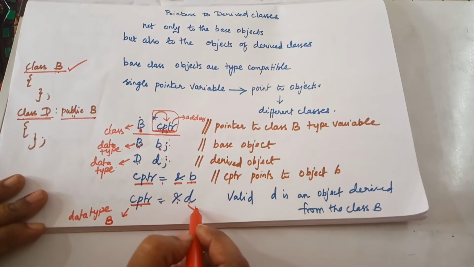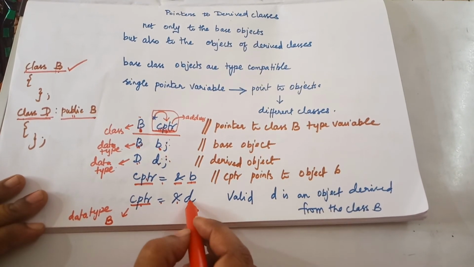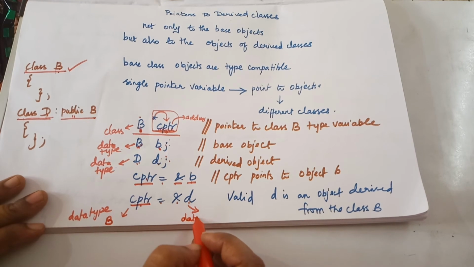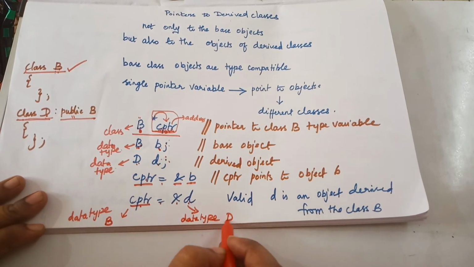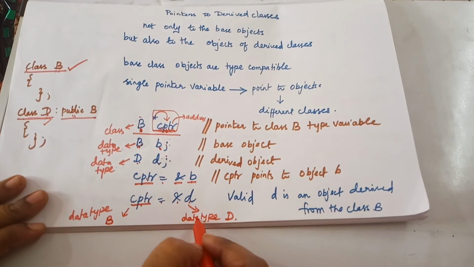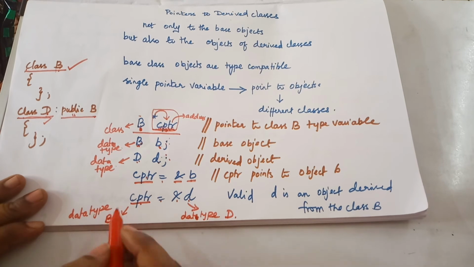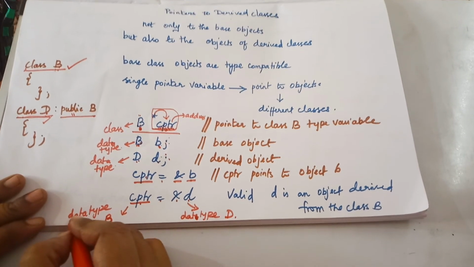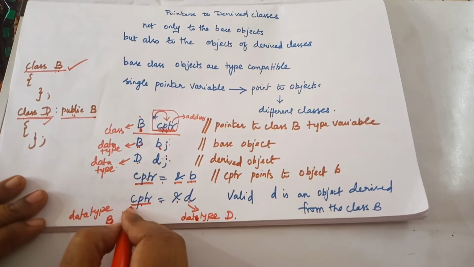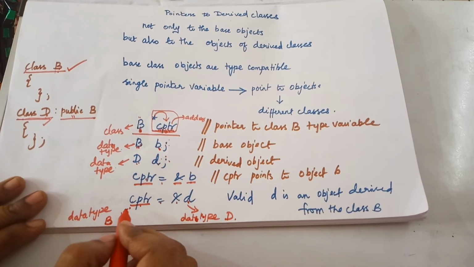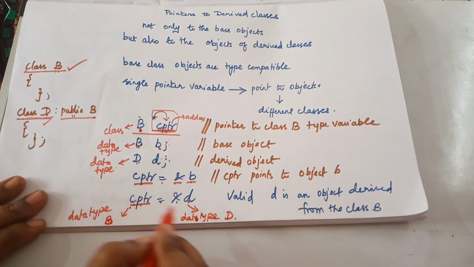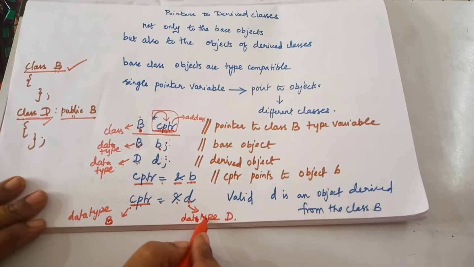But D is the object for the data type D. This is the object of data type D. So you are using a base class pointer for the derived class object.